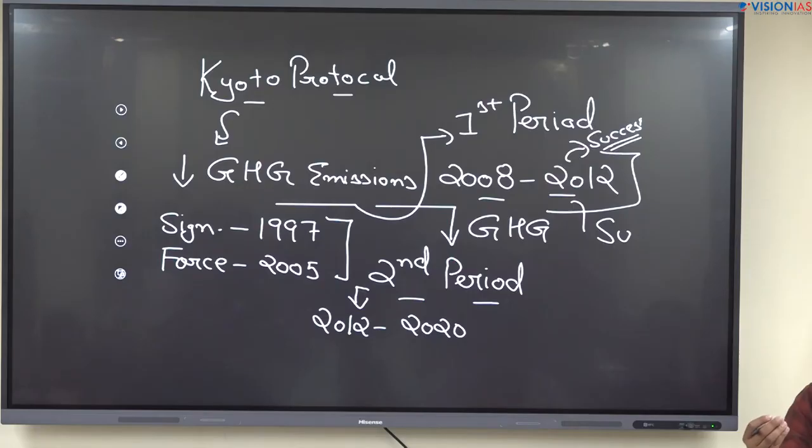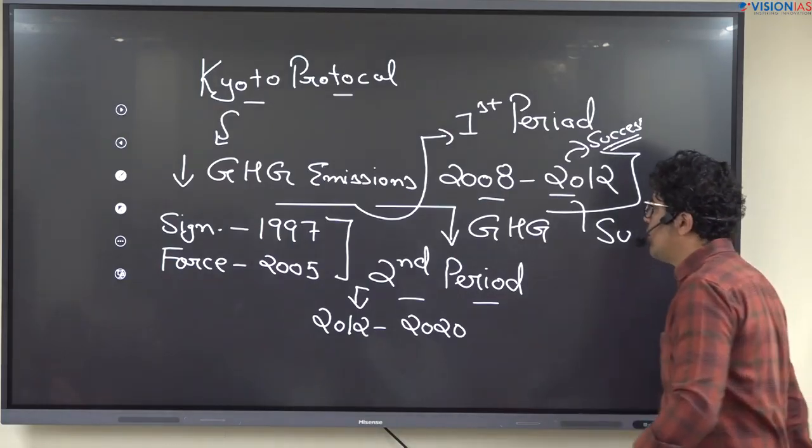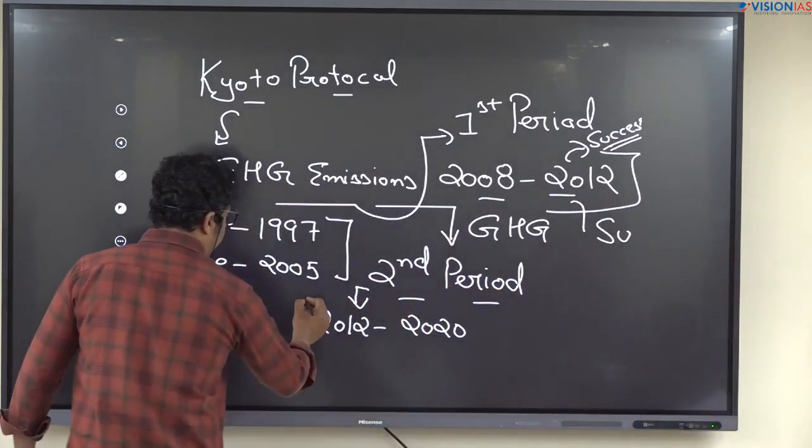So rules were changed that time. The second commitment period of Kyoto Protocol will come into force only when, what is rule number 1? 144 countries should ratify. Earlier the number was different, now the number is 144. The second rule is the same. No change in the second rule. So in reality what happened? Countries never ratified it.